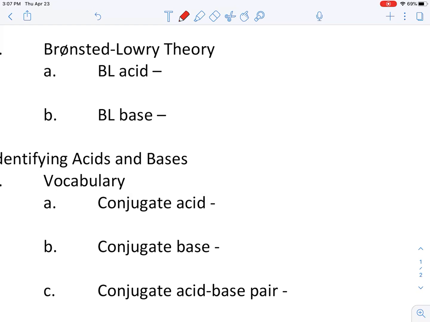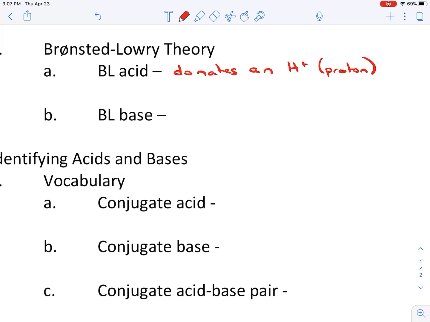So our definition that we're going to use most often is that a Bronsted-Lowry acid is one that donates an H plus. We can also call that a proton, because an H plus is a hydrogen that has lost an electron, so it's only a proton. You might hear it both ways, an H plus or a proton.